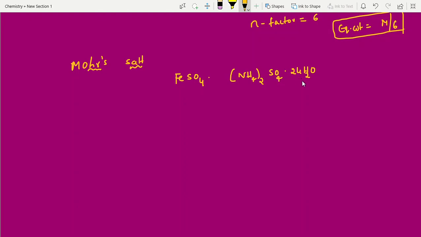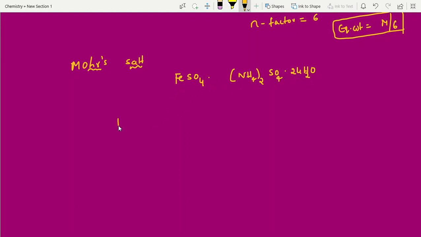This is the formula of Mohr's salt. Students are confused here because they're giving the biggest formula.